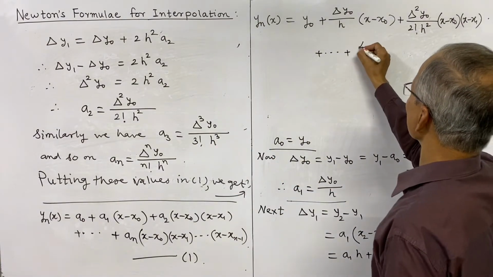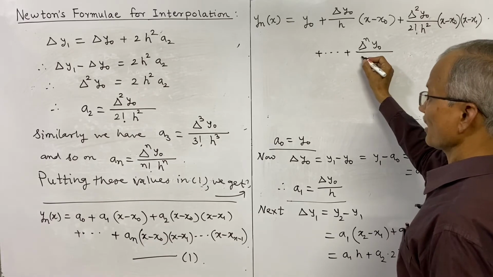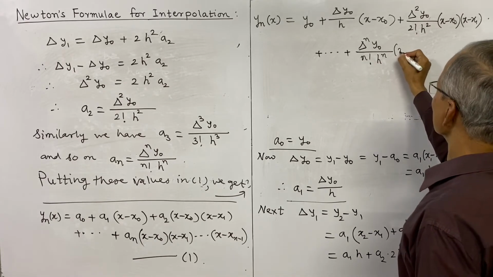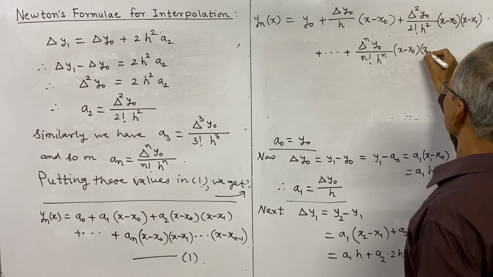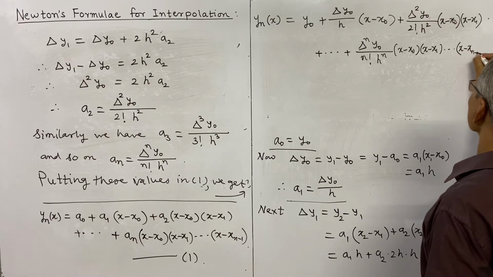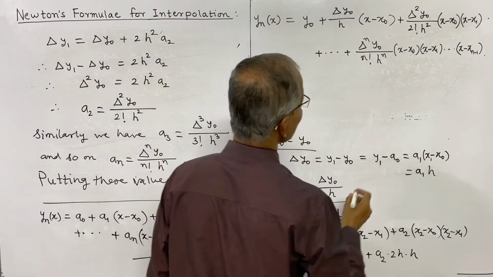An that we have obtained is delta to the power n y naught divided by n factorial h to the power n, and this will be the same. So thus we have obtained this relation. We shall suppose this as second.